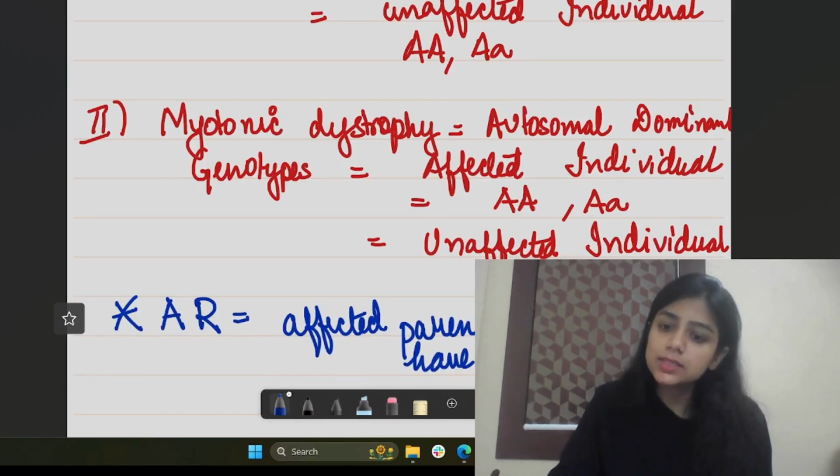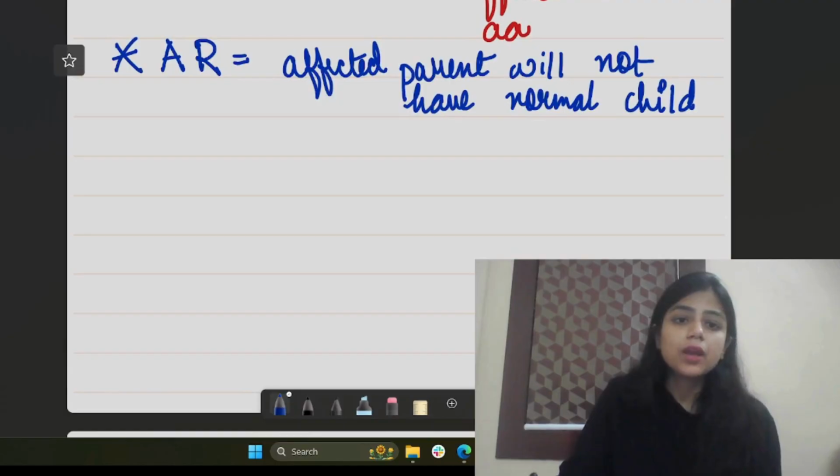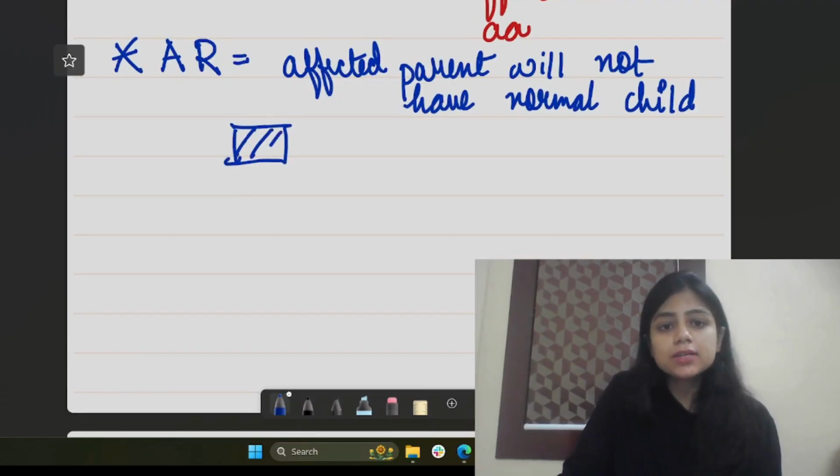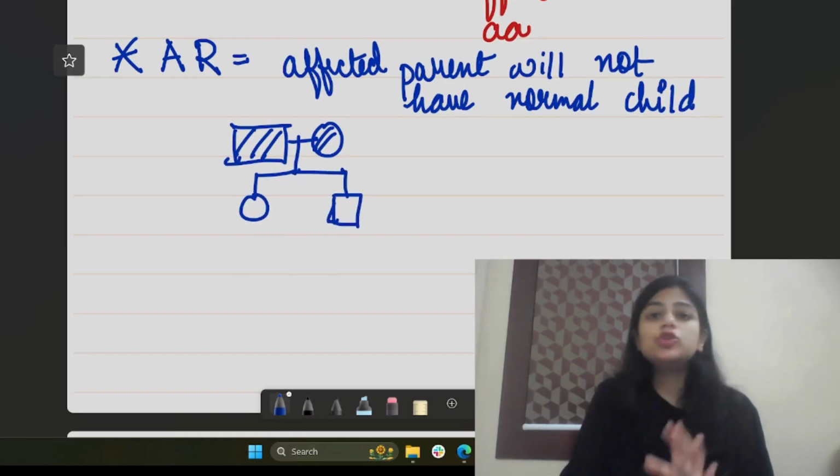Let's see one pedigree. Suppose this is my affected male and affected female. So the offspring can never be a normal child.